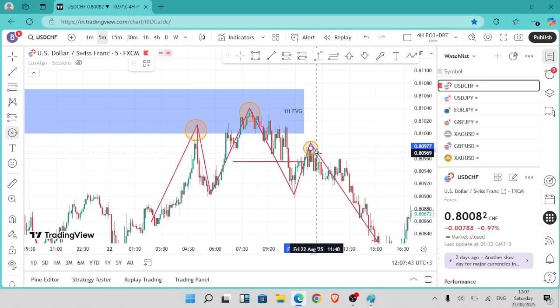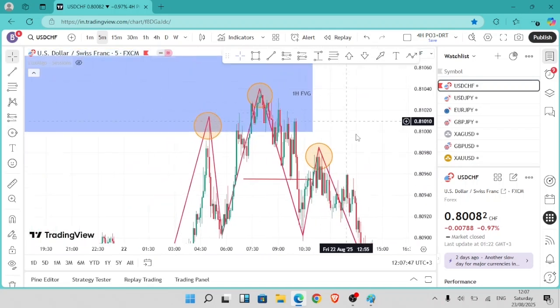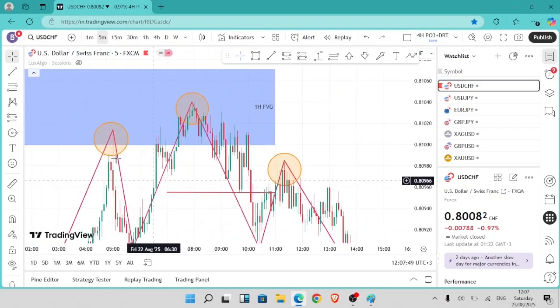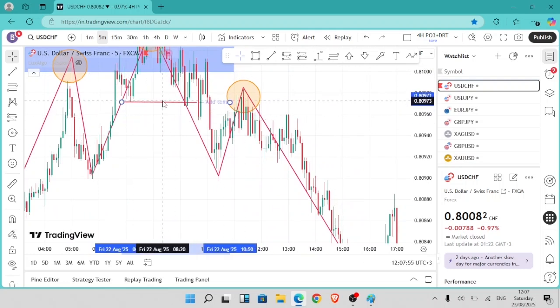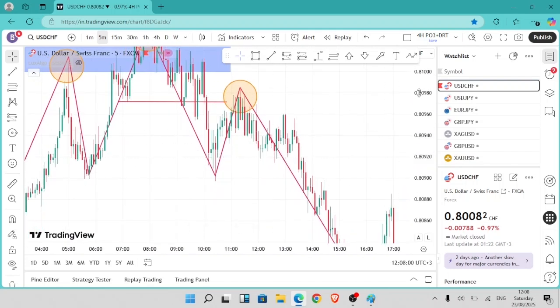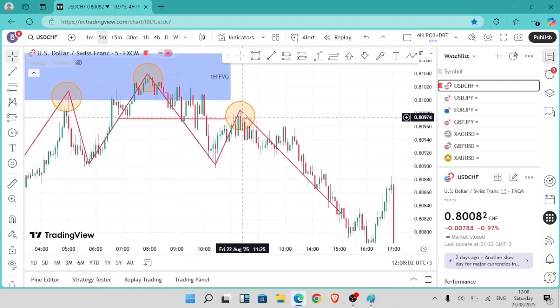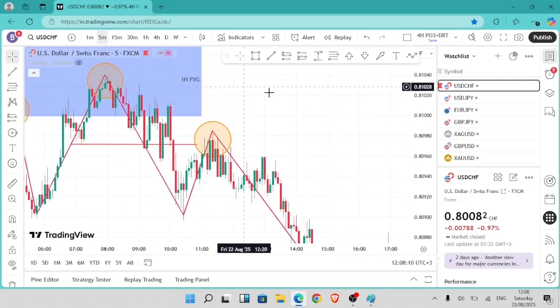If you remember what I said in the previous video about head and shoulder patterns, once we have a head and shoulder pattern forming, and then price breaks below or breaks structure like this, going lower, we are expecting the right shoulder to come up and form, and this right shoulder needs to happen at a key level, just like this fair value gap here.